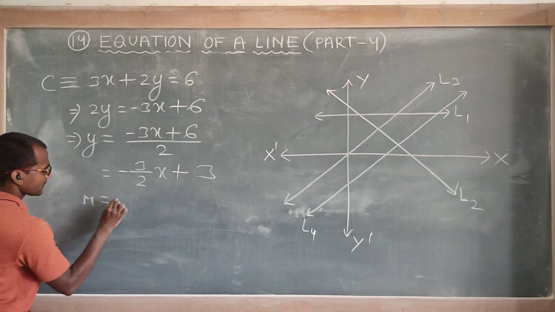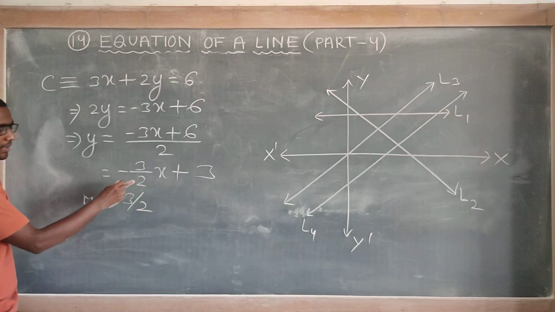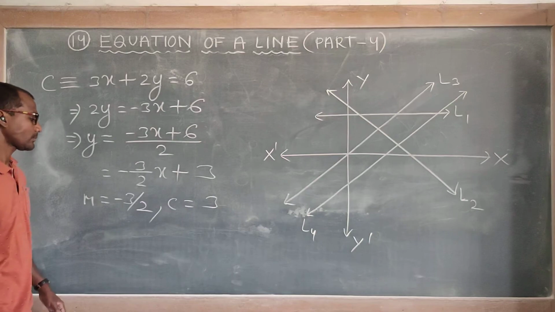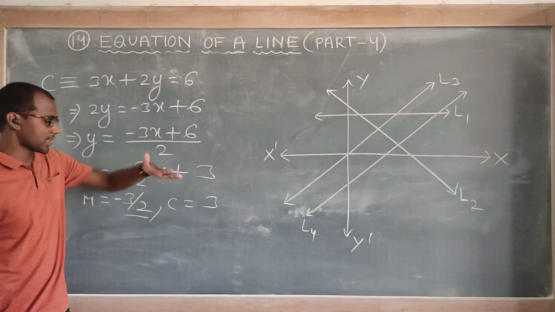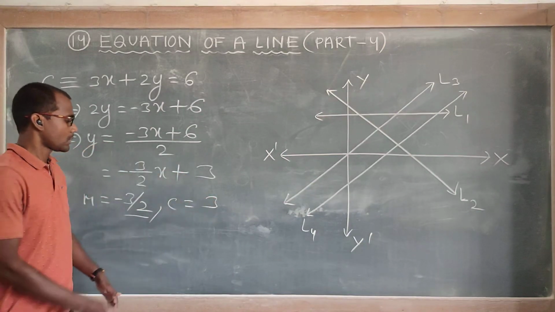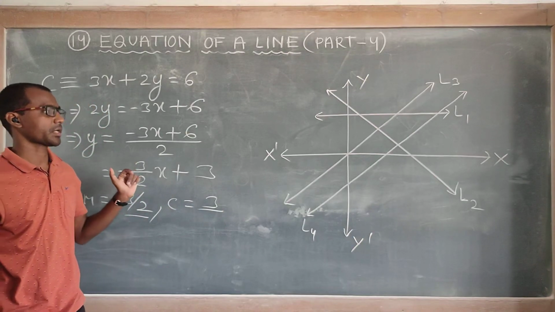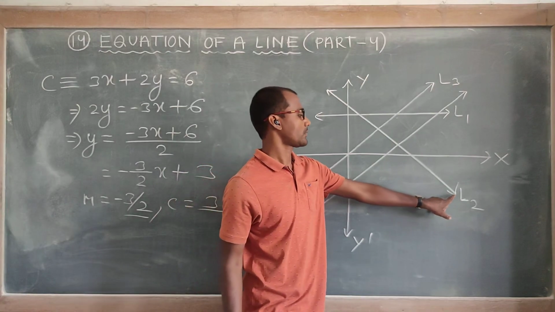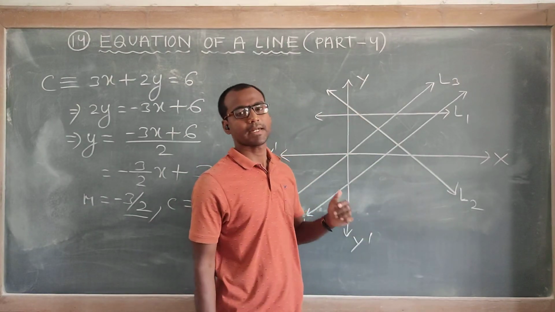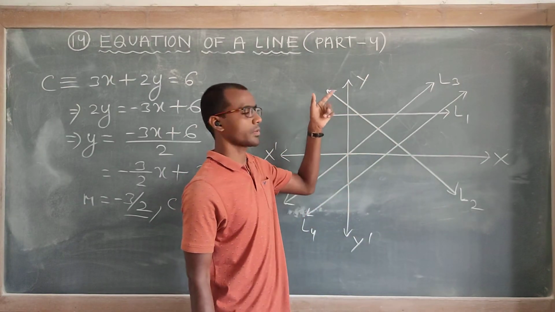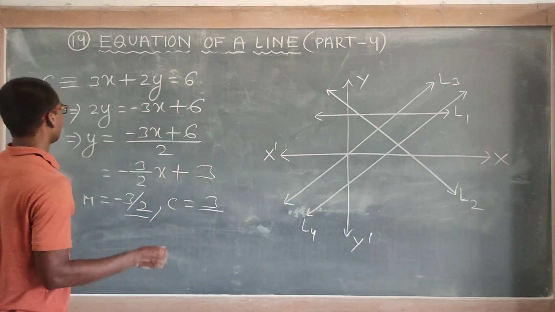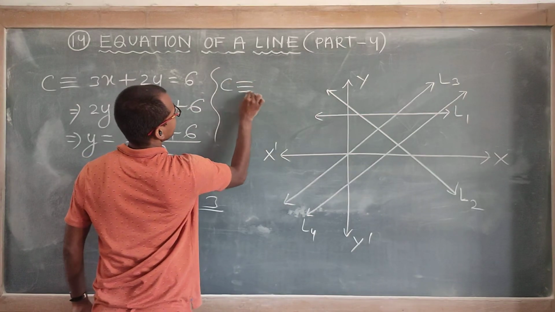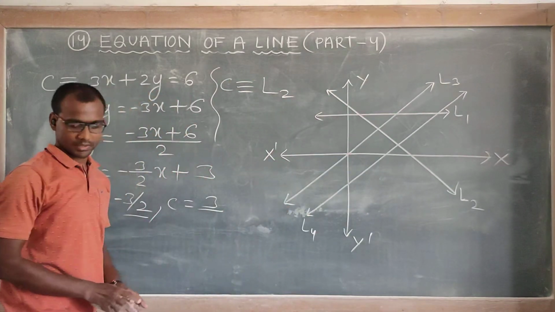So slope is minus 3 by 2, y intercept is 3. Slope is negative, means the line is moving down. Y intercept is positive, means it is intercepting the y-axis above the origin. See this line L2 moving down and intercepting the y-axis above the origin. So C is equivalent to L2.